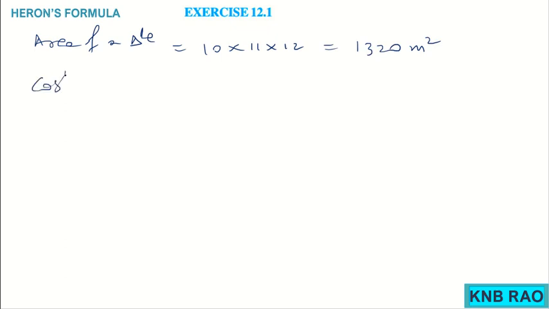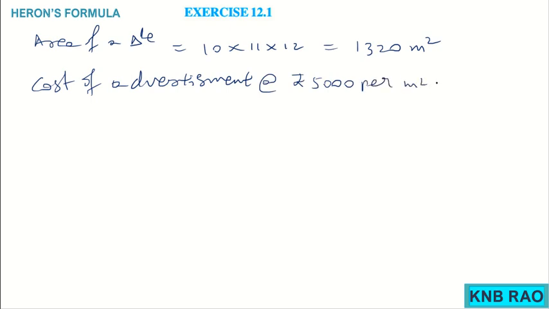Now, cost of advertisement. Cost of advertisement at the rate of rupees 5,000 per meter square per year, for 3 months.